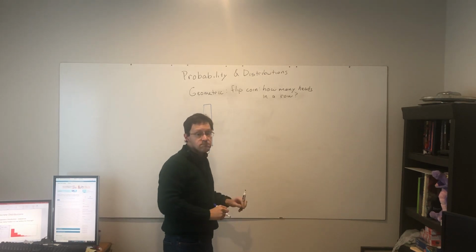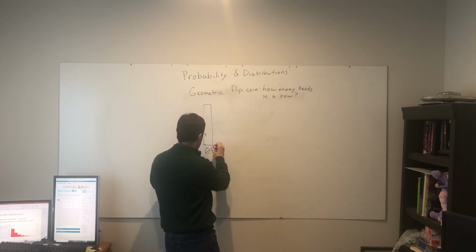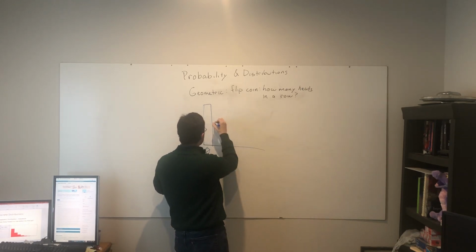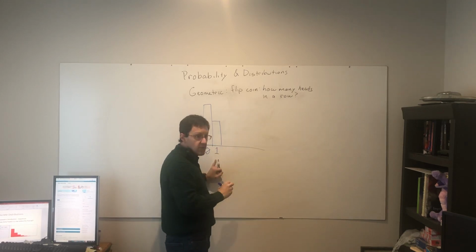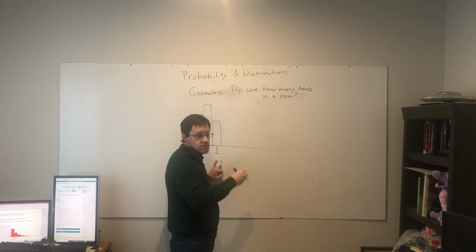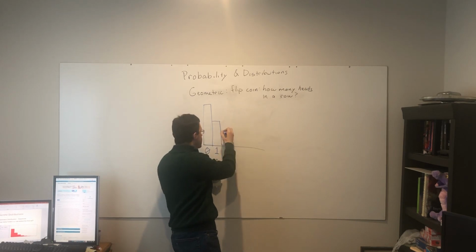If you get a tail, that's 0 heads in a row, you're done at 0. If you get a head, your next flip has a 50-50 chance of being a tail, in which case you're done at one head. Or it can continue on.